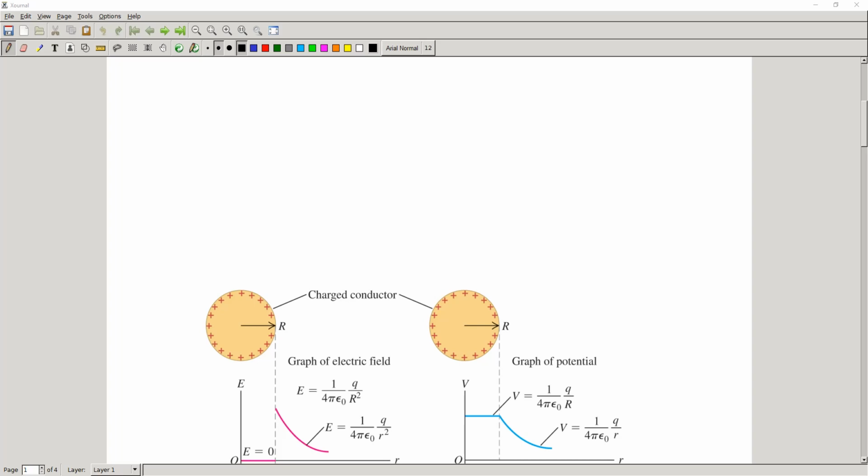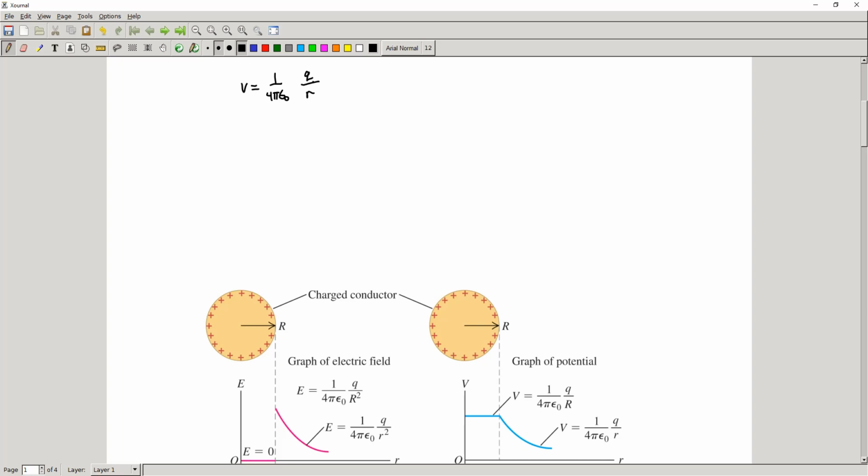Okay, so when we look at the notes from last class, or from last video, which would have been our second video on electric potential, we wrote down what the potential of a point charge would look like, right? We know that the potential of a point charge is going to look like this. Okay, and that was equation 3 from our last set of notes.